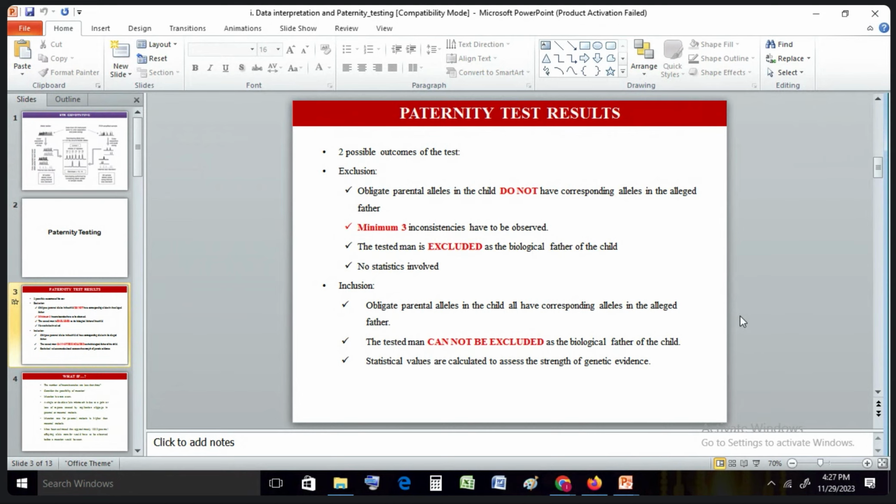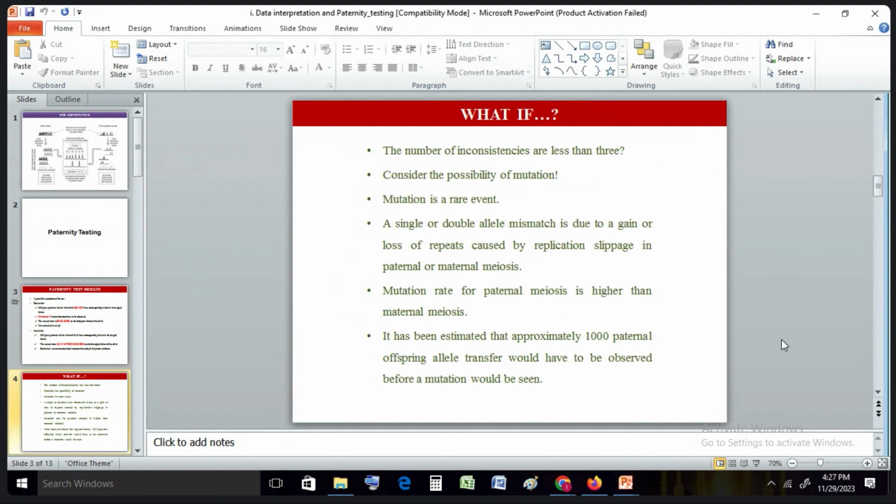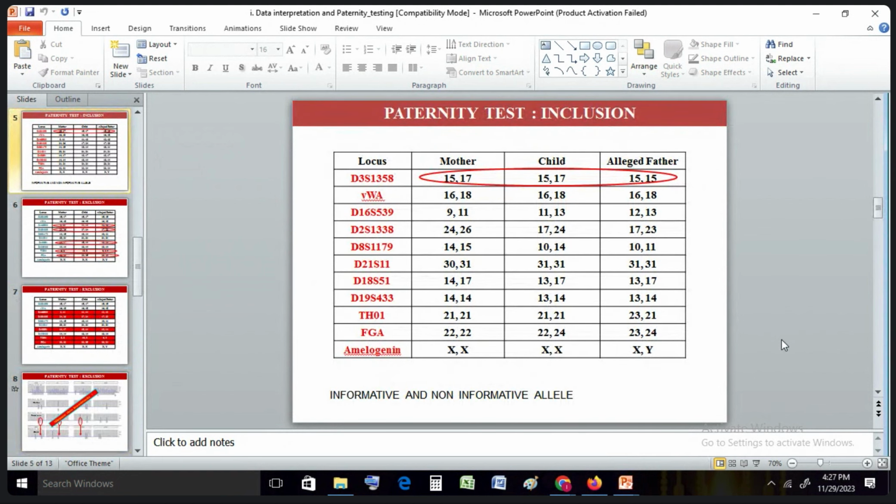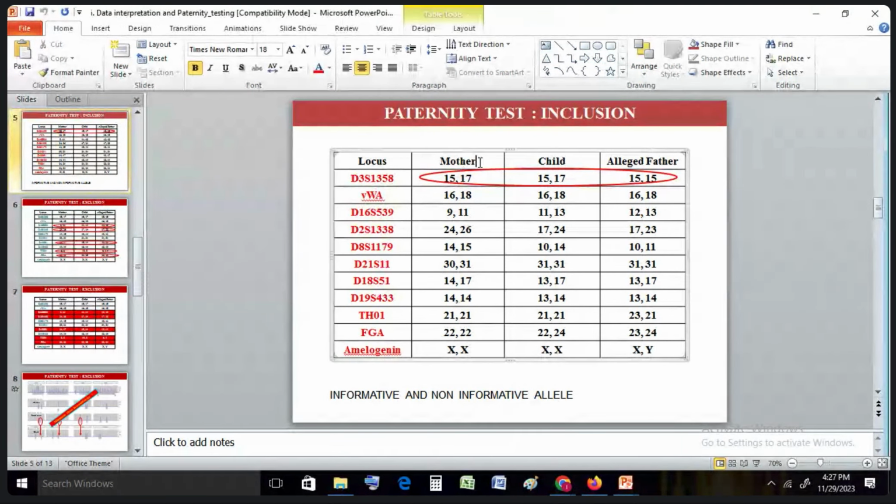Any question here? If not, let's go to the interesting part. This is the locus name that has already been checked. This is the data sheet. This is the mother, biologically confirmed mother.